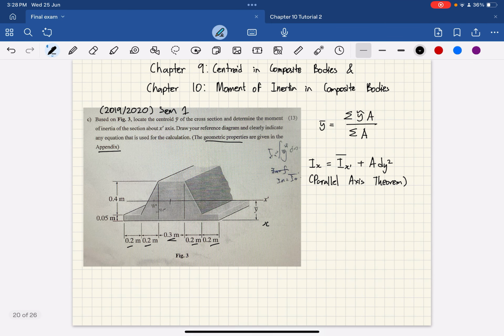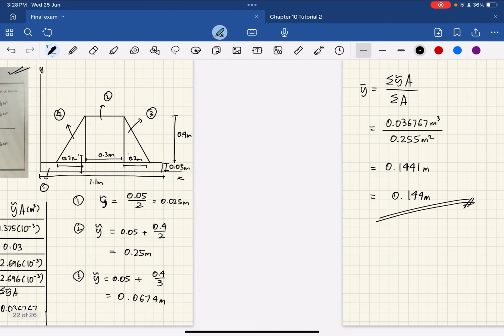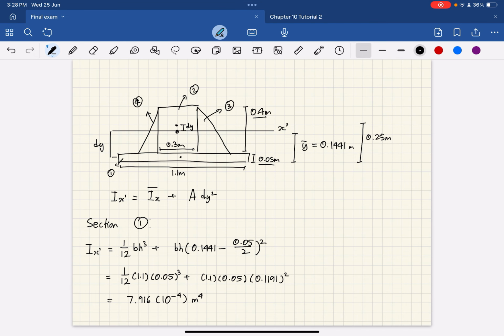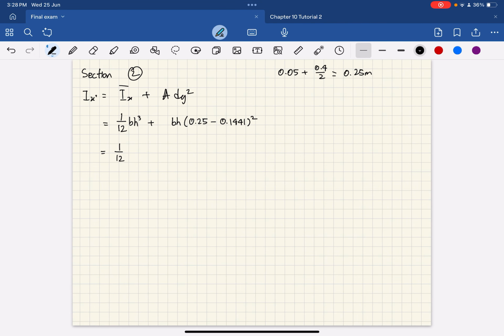So it becomes 0.3 times 0.4 cubed plus 0.3 times 0.4, and this is 0.25 minus 0.1441, which is 0.1059.